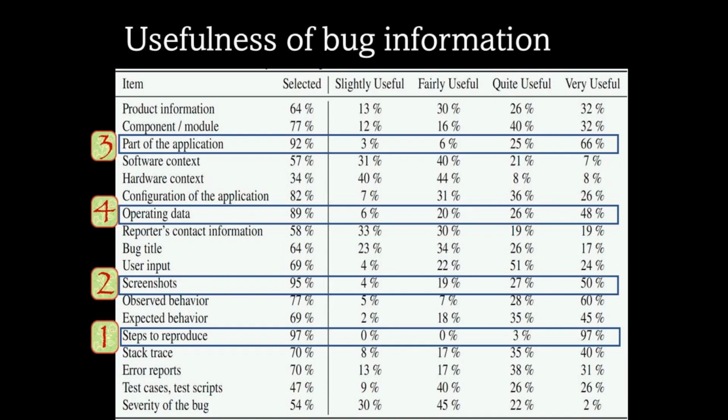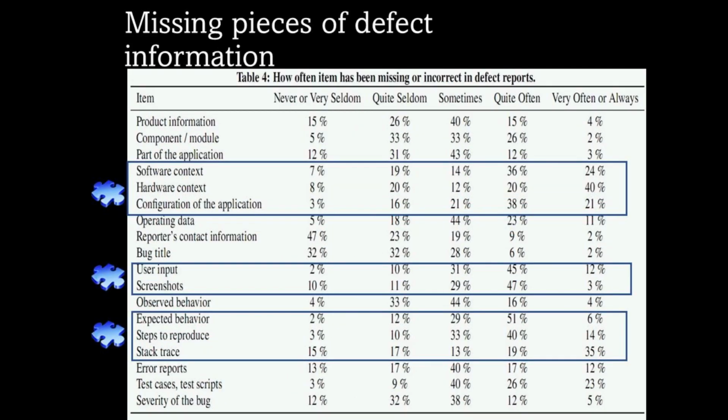Screenshots follow closely, being highly valued for providing visual context, with 50% finding them very useful. 3. Part of the application. Knowing exactly where the issue occurs was rated very useful by 66%. 4. Operating data, like logs and runtime metrics, also ranks high, with 48% finding it very useful.